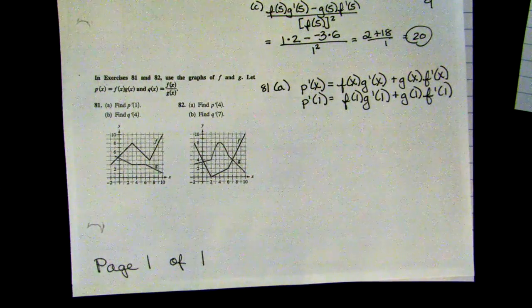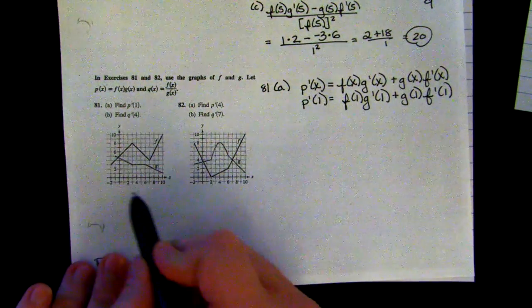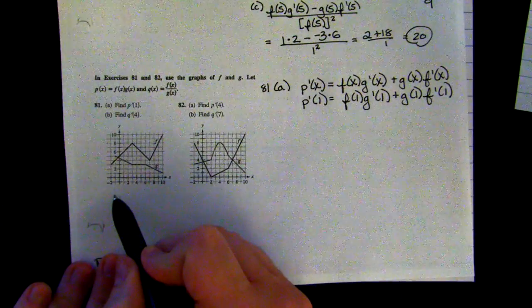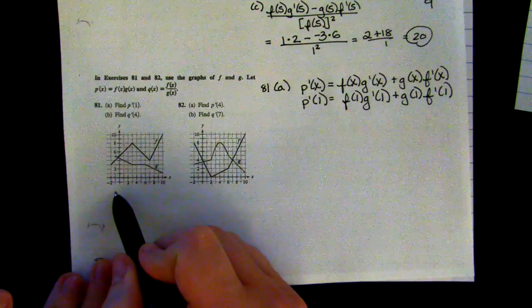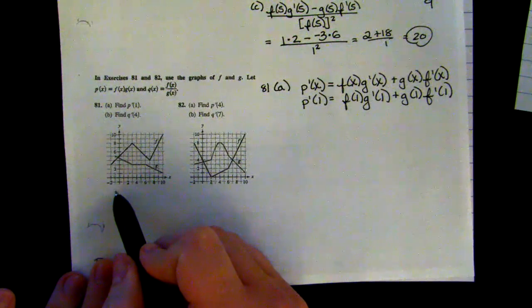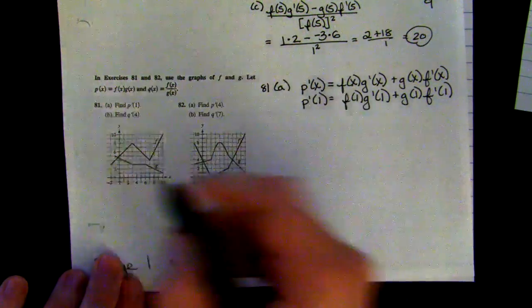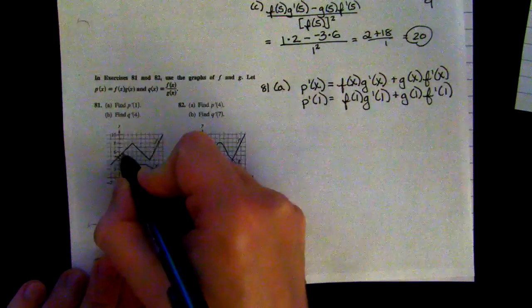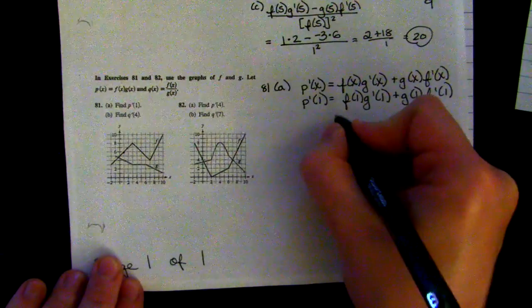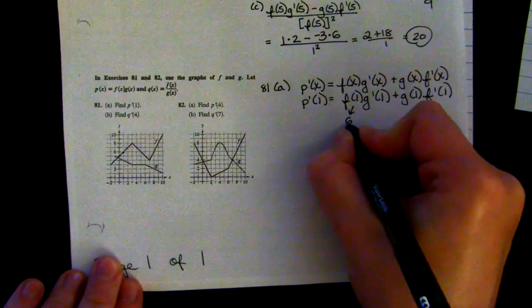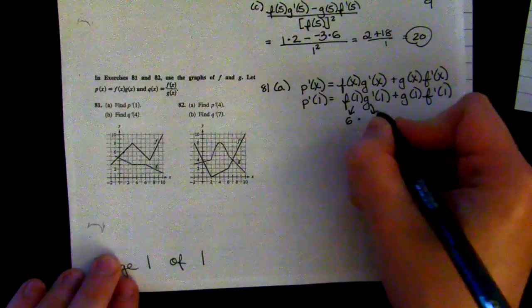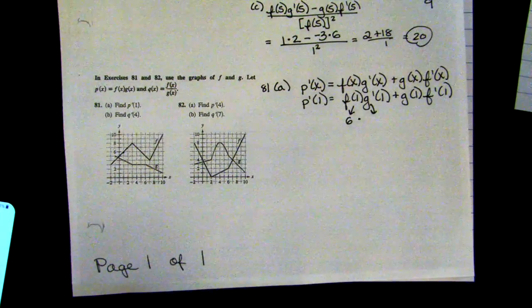Now, I need to just pick out these values from the graph. I'm dealing with 81, so this graph over here. f of 1, well, f of 1 really just means, let's look at the y value on the f function when x equals 1. f of 1 looks like 6 to me. g prime of 1.